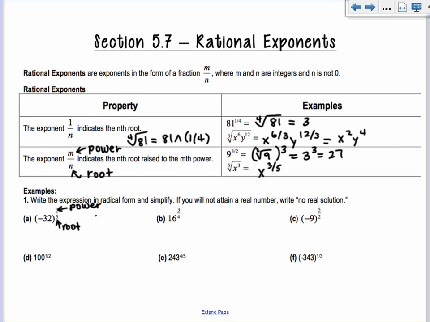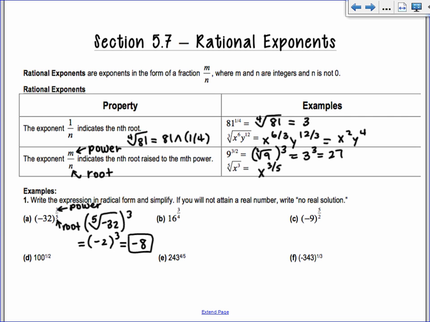So when I rewrite this, it's the 5th root of -32, all being raised to the 3. Don't write no solution. This is the 5th root. You can take the 5th root of a negative number. You get -2 cubed. So your answer is -8. On the test, I want to see you write it in radical form and then simplify it all the way down.